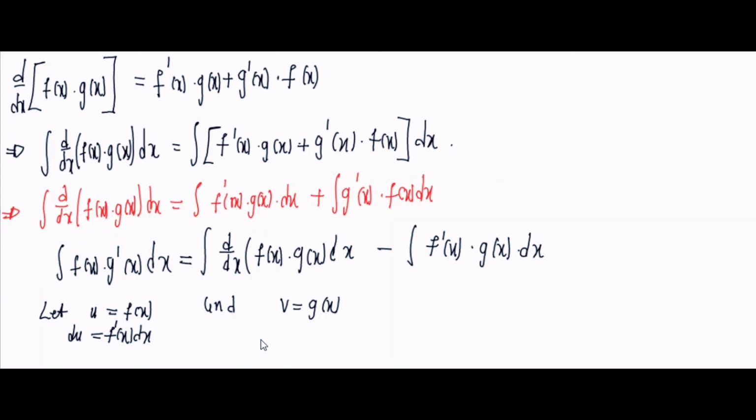Even for dv, we'll have g prime of x. Let me just try it here. dv will have g prime of x dx. So let's substitute this information in this equation.